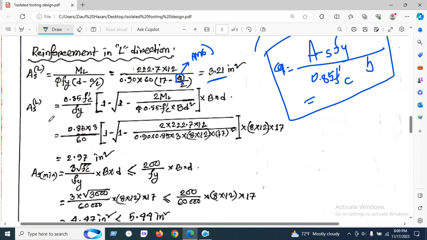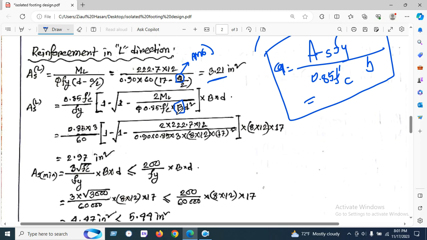Another formula we found, I must say, is from Dr. Iftikhar Anam sir, a reputed professor at the University of Asia Pacific. I must respect him. The formula is taken from his lecture book: As equals 0.85 F prime C B D over Fy times 1 minus root over 1 minus 2 times moment divided by phi 0.85 F prime C B D square.